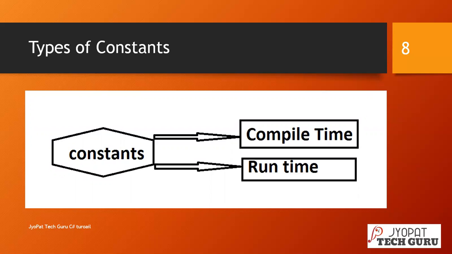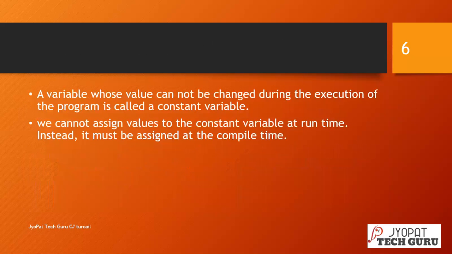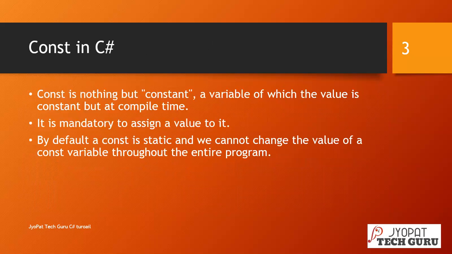In case of compile time, we have constant as a variable which is going to get stored and utilized in the compile time. It is mandatory to assign a value to it. So whenever you are declaring a constant, you have to initialize it.